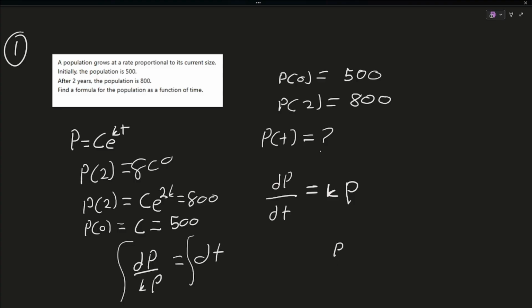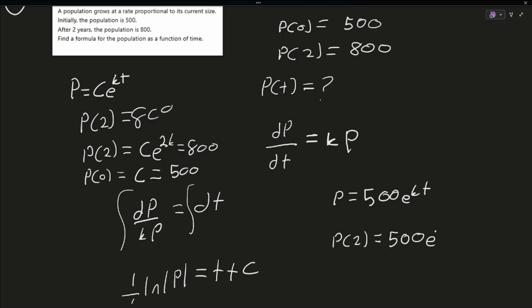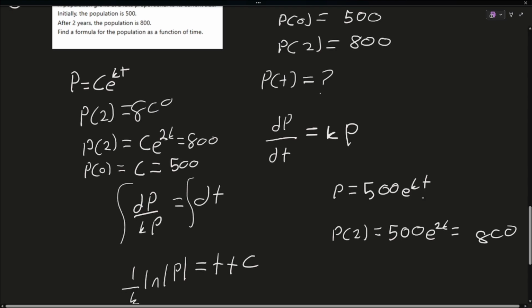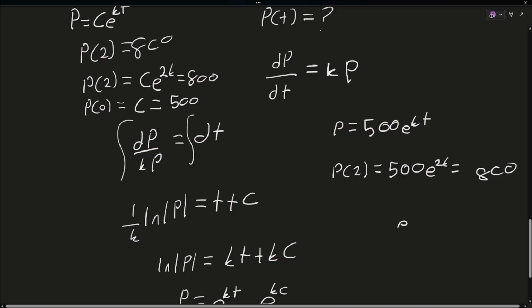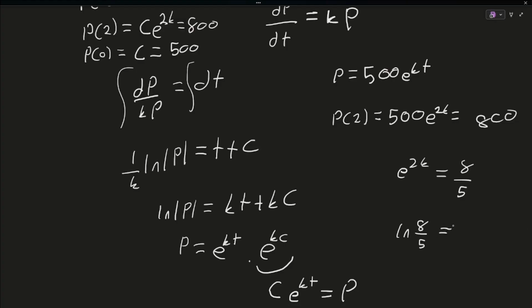So we can update our solution. P equals 500 e to the kt, and p of 2 is now going to be really useful to us, so we will have 500 e to the 2k equals 800. This gives us e to the 2k equals 8 over 5, and taking ln of both sides, we will have ln of 8 over 5 equals 2k.